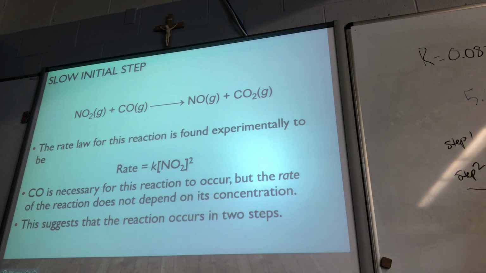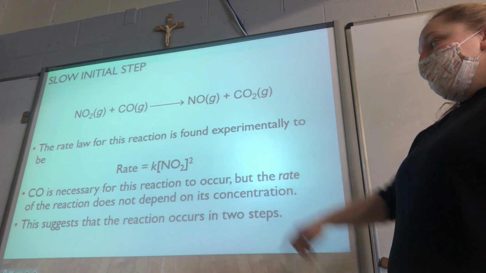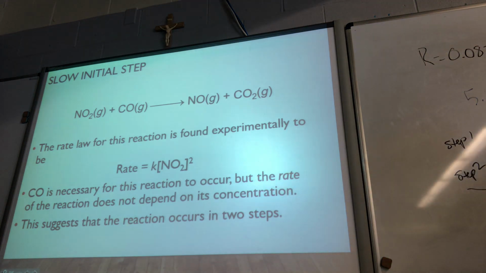Okay, so let's talk about the first scenario, when the first step is the slow step. When the first step is the slow step, the rate law can be determined using the initial concentrations or the concentrations of the reactants in that particular reaction. In this particular case, CO was determined as not necessary because the rate doesn't depend on it.